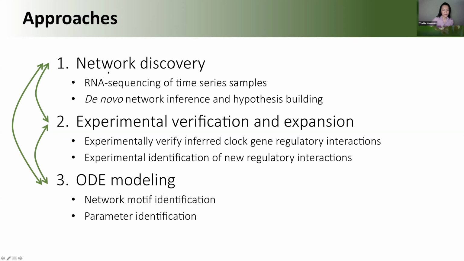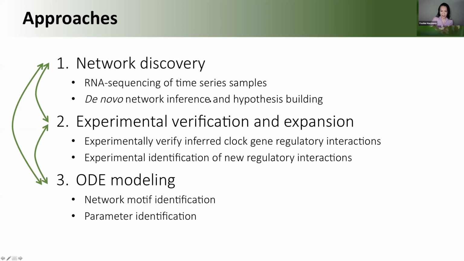So our approach basically starts with network discovery. We don't have much information, but we can do RNA sequencing, taking time series samples. Then we can come up with algorithms that use these RNA sequencing time samples to infer the network structure of circadian clocks.